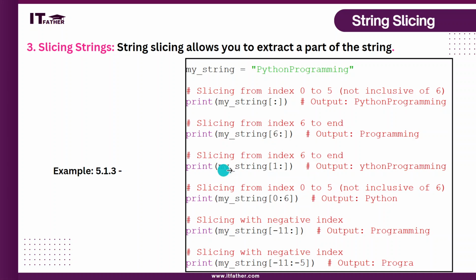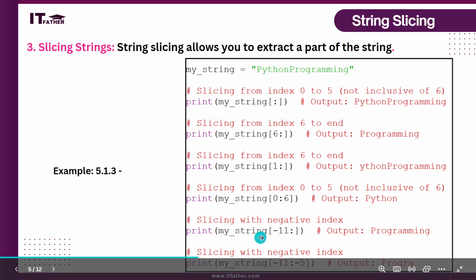Now if you write 0 to 6, 0 means starting, 6 means last, so it will display 0 to the 5th character, right? So 0 till 5th. 6 is not inclusive. Whatever the last value given, it will print up to less than that value.